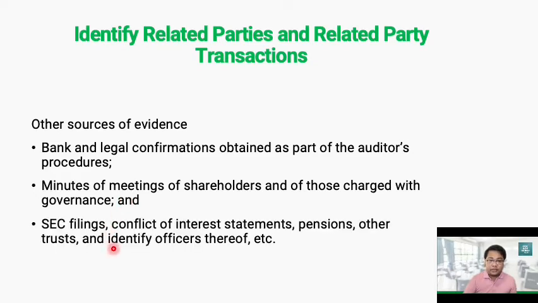We could also review the client's filings with the SEC, like their general information sheet, conflict of interest statements, pensions, and other trusts for key management personnel, including the identity of the officers and their family members, because they are also considered part of the related parties.